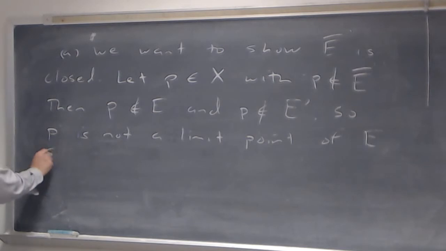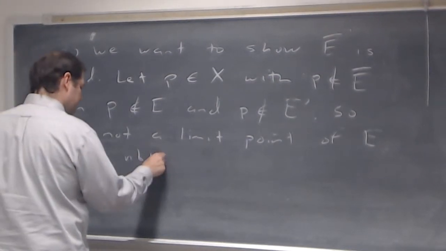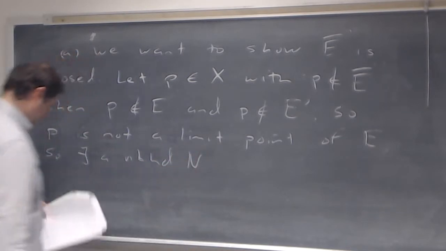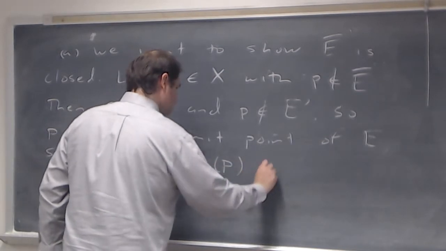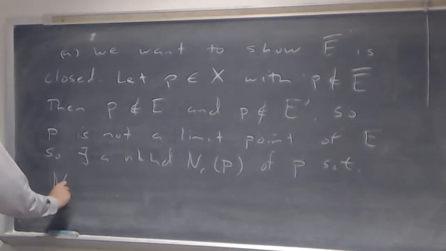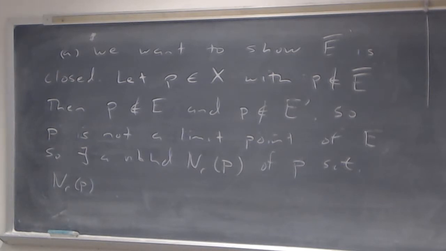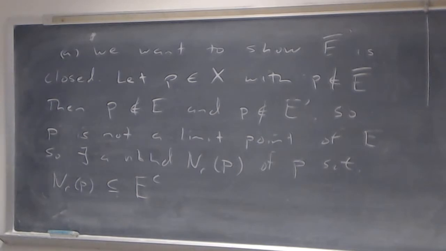That means there exists a neighborhood, let's say N sub R of P, such that N sub R of P does not contain any point of E. And P is not in E, so that means that N sub R of P is contained in E complement.